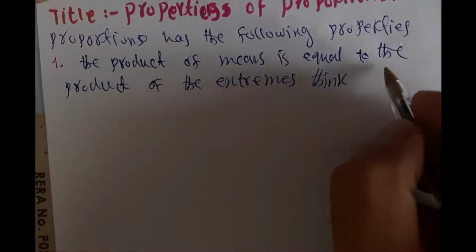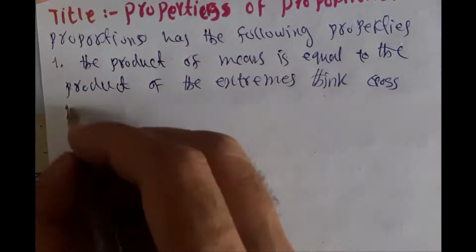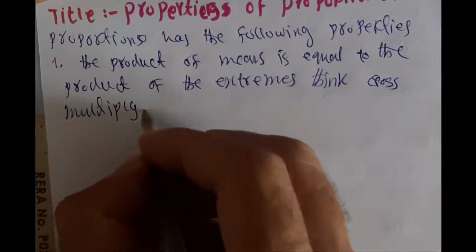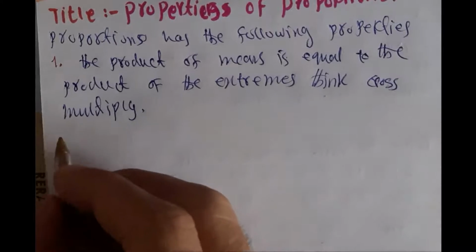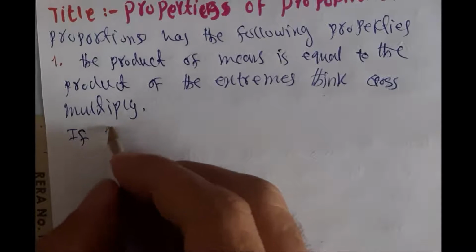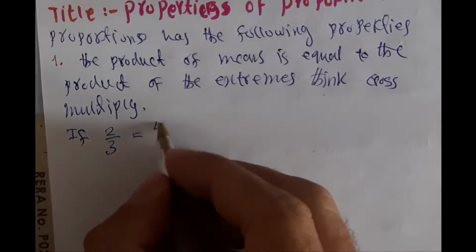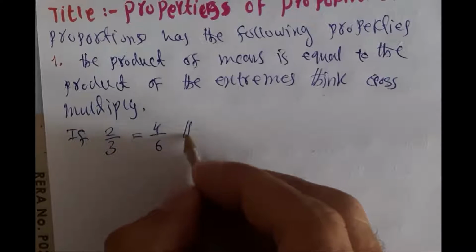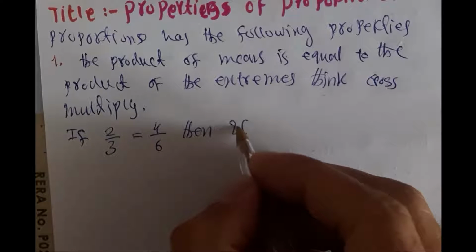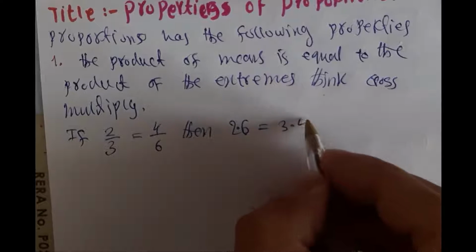Think cross multiply. If 2 by 3 is equal to 4 by 6, then 2 multiplied by 6 is equal to 3 multiplied by 4.